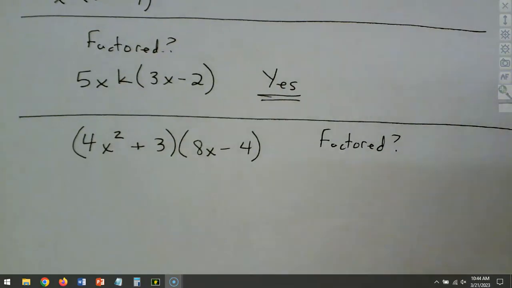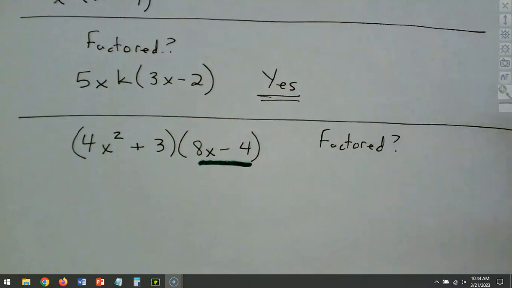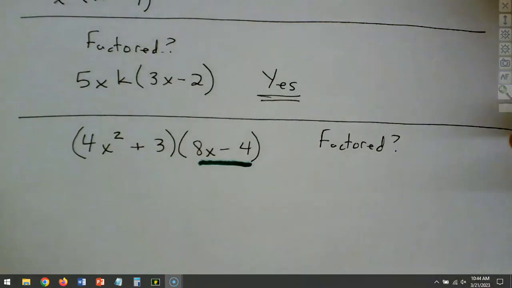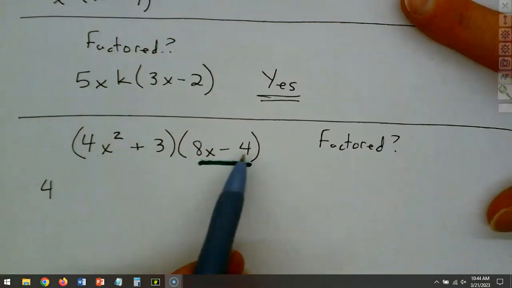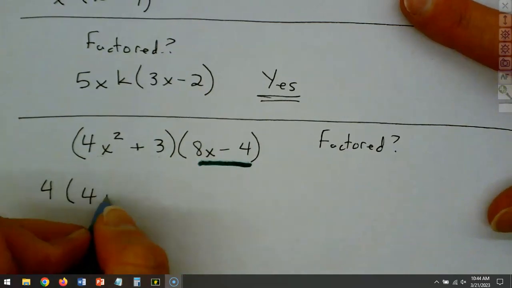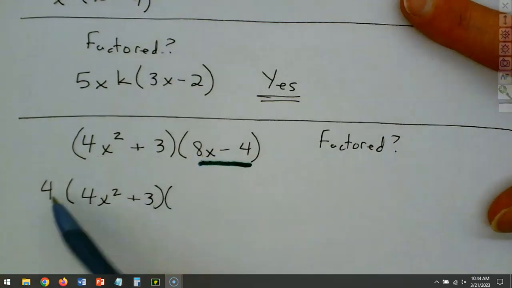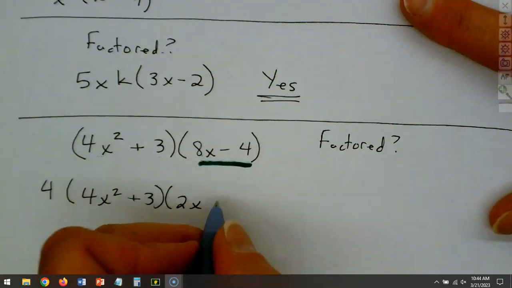Why not? When you look at this second set of parentheses, do you see something that's in common? Yes. We have an 8 and we have a 4. So we're going to take a 4 out of that. Nothing can come out of here, but we can take a 4 out of here. And that leaves you with a 4x squared plus 3. The 4 comes out of here, and that leaves you with a 2x minus 1.